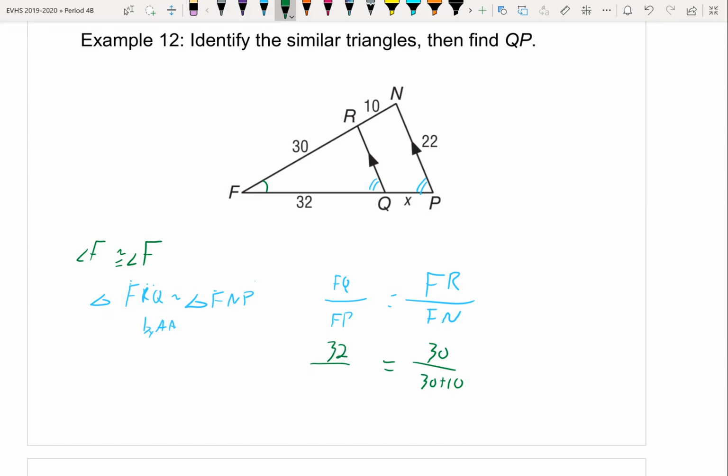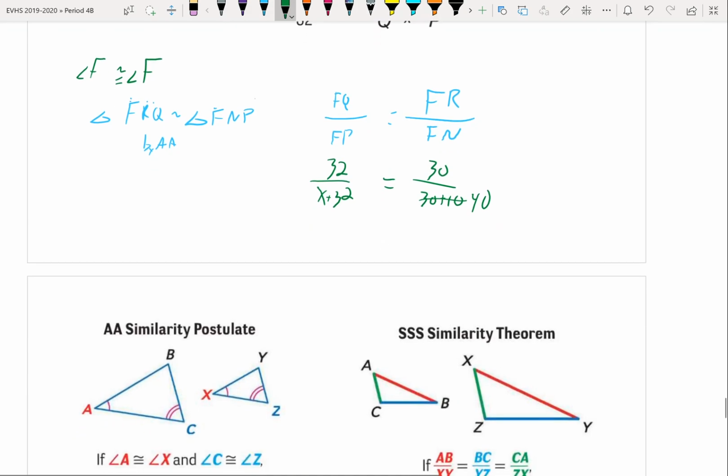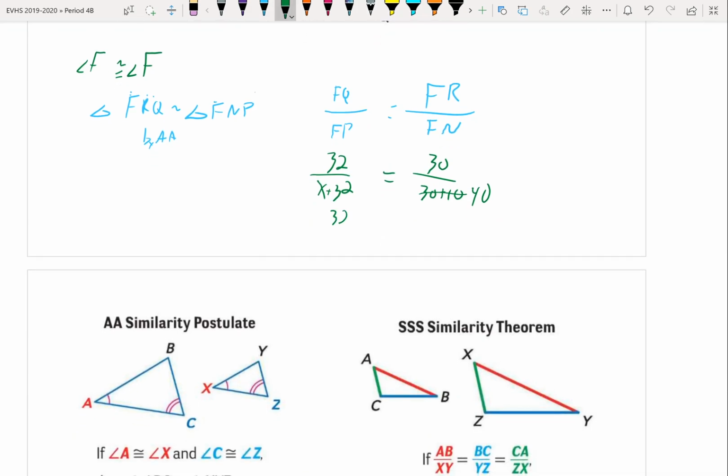But FP is going to be 32 plus X, or X plus 32. So we're going to make that a 40. Now, for simplicity's sake, I am going to rewrite this as 32 over X plus 32 is equal to 30 over 40, which reduces to 3/4. I think reducing that is going to help me a little bit here.